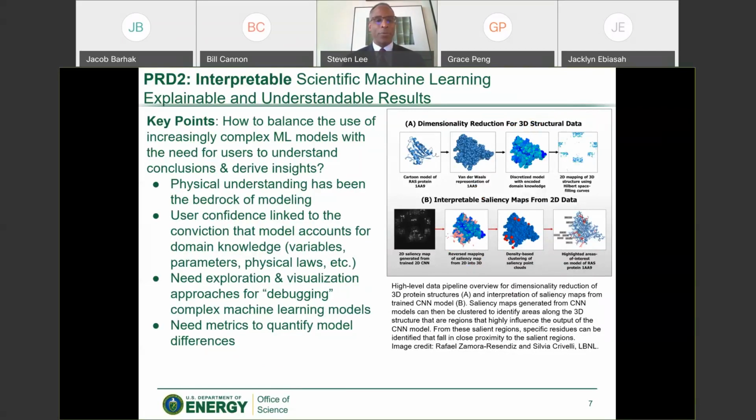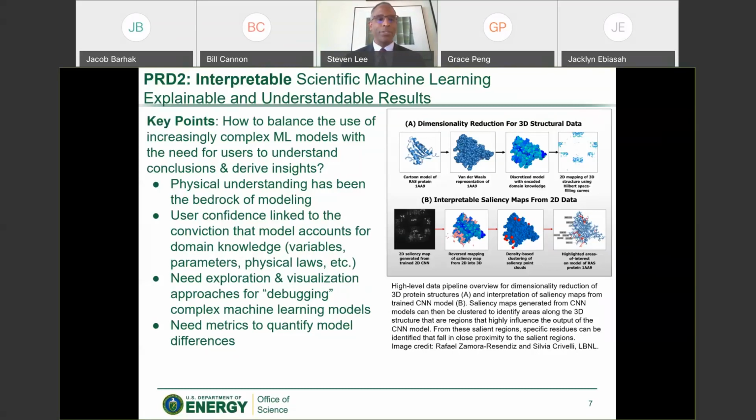This can be important, for example, when trying to debug a combined machine learning scientific simulation code. You're not just getting a result, but you have to have some physics built in so you can understand why it might be giving the results that it's giving. The first 2 are closely related, both domain knowledge and interpretability: being built in, and understanding and being able to explain the results.